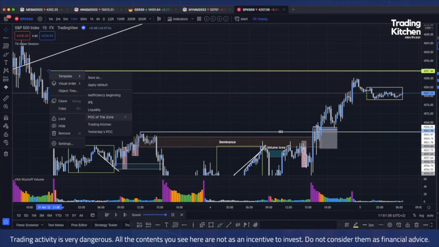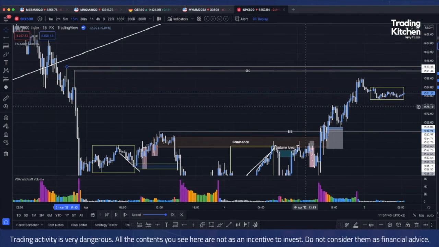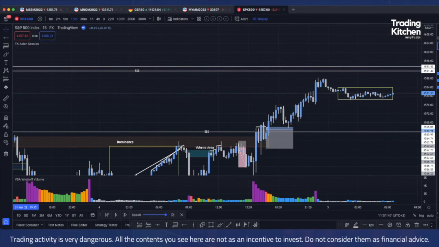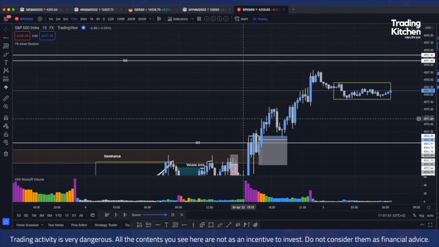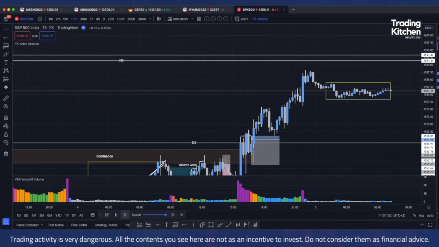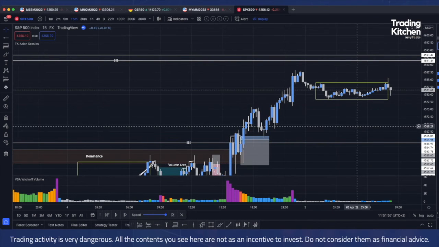This is liquidity. This is liquidity as well. So we are long on the main bias. We are long.